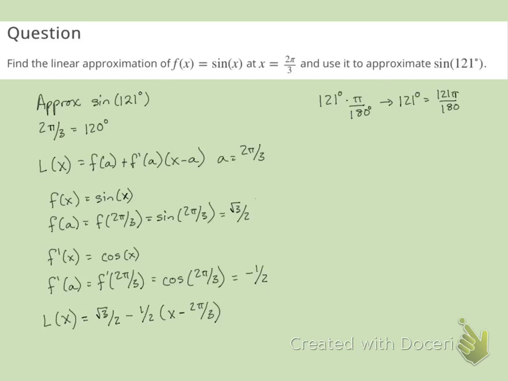So to find sine of 121 degrees, we're really approximating the sine of 121 pi over 180, which is going to be about square root of 3 over 2 minus 1/2 times 121 pi over 180 minus this 2 pi over 3.